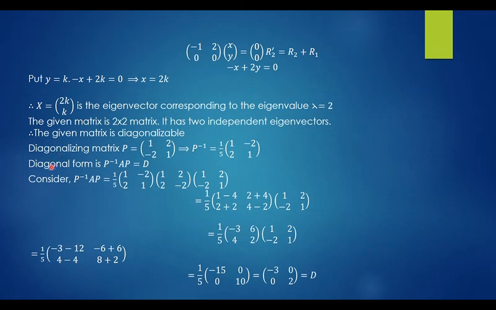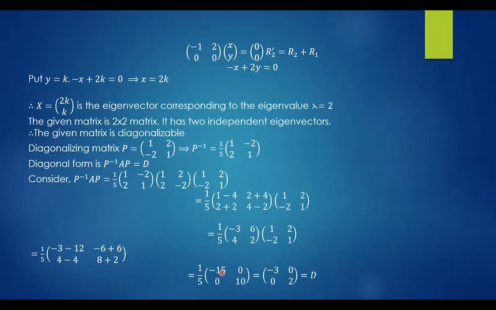So the diagonal form is P inverse AP equals D. P inverse AP gives the diagonal matrix. Write the P inverse matrix, substitute the given matrix A, and write the matrix of eigenvectors, which is the matrix P. Substitute all this and simplify. Write 1 by 5 as it is, then multiply the first two matrices, keep the third matrix as it is, then multiply with the third matrix and simplify again.